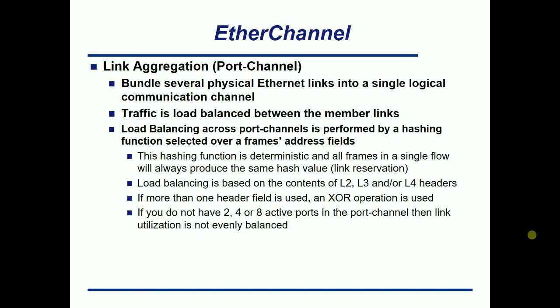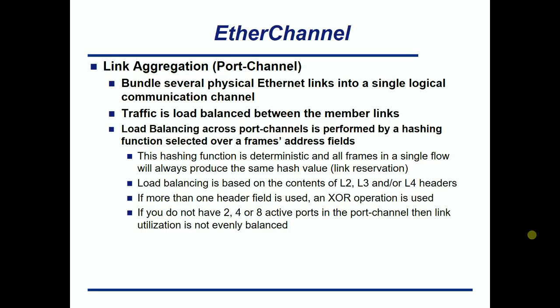Load balancing across port channels is performed by a hashing function selected over a frame's address field. So this could be layer 2, layer 3, or layer 4 headers. Based on how we set it up, we will look at those address fields, perform the hash, and that will determine which links we're going to take. The hashing function is deterministic, which means all frames in a single flow will always produce the same hash value.